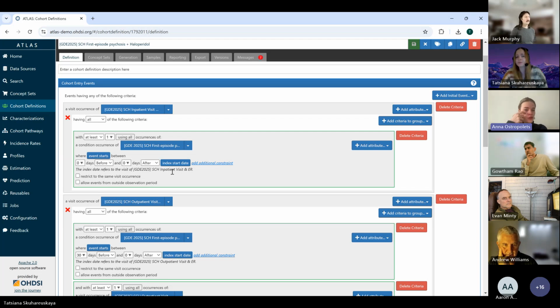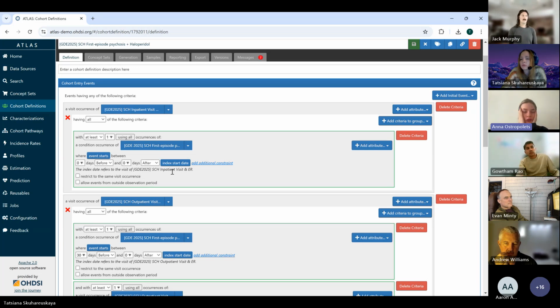Right now, the way you modeled it is that your condition has to start on the visit occurrence start date. So it doesn't help you in what you want, which is a diagnosis that happened anytime in the visit, if it's an inpatient visit. Usually we do it the other way around, where you have the condition and then you specify the visit, but this is because you care about the condition date.